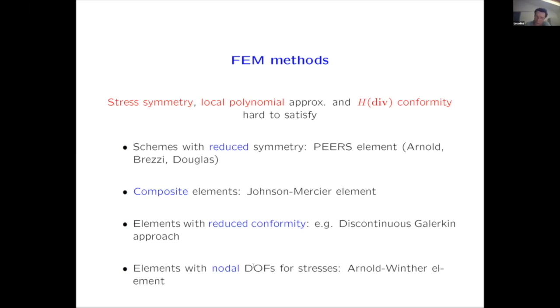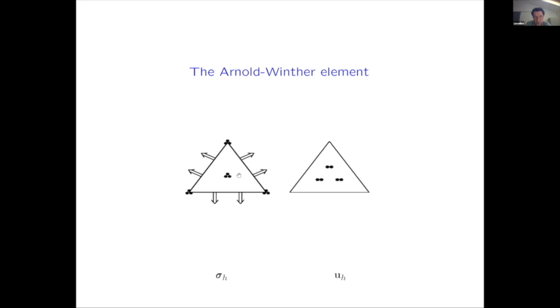Then we will see that this can be a kind of drawback in a sense. Anyway, the Arnold-Winther element, which is a conforming element with the symmetric stress, has this diagram, I would say.